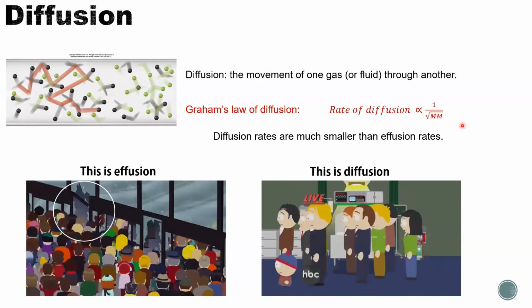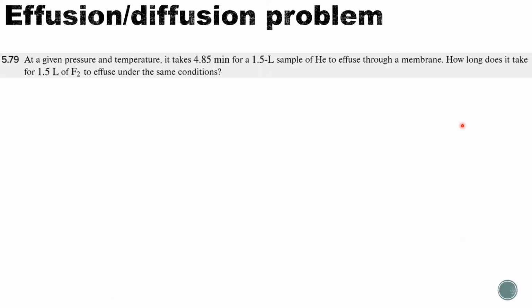Let's take a look at one example about effusion and diffusion. At a given pressure and temperature, it takes 4.85 minutes for a 1.5 liter sample of helium to effuse through a membrane. How long does it take for 1.5 liters of fluorine gas to effuse under the same conditions?